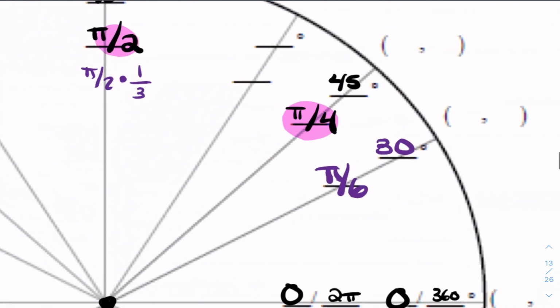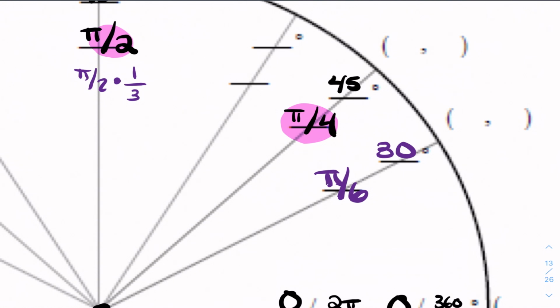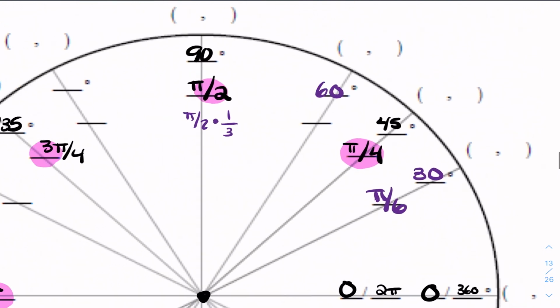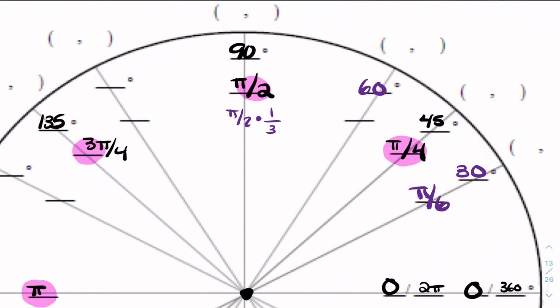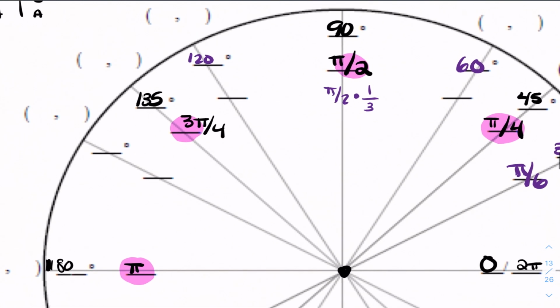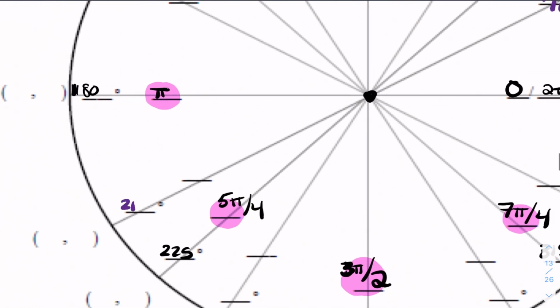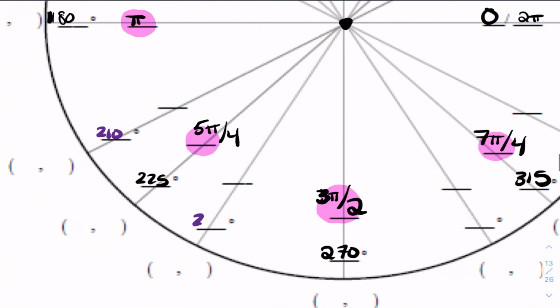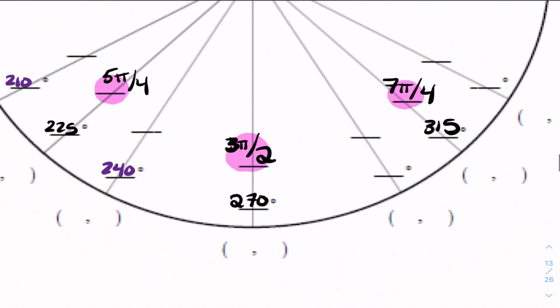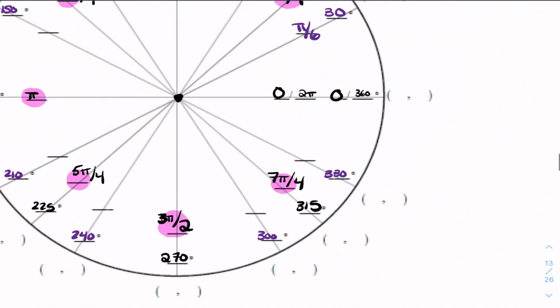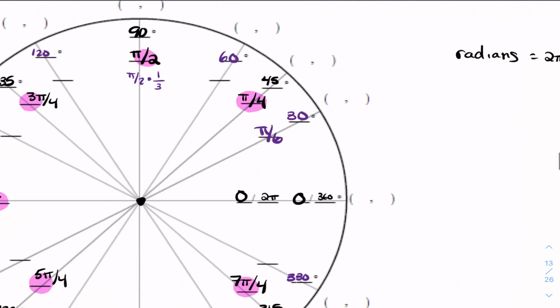So in this case, we'll start counting by 30s, and then we will do the fractional count. So if we go 30, then 60, then 90, then 120, and then 150, then 180, then 210, 240, 270, 300, and 330. Again, just working our way around the circle.